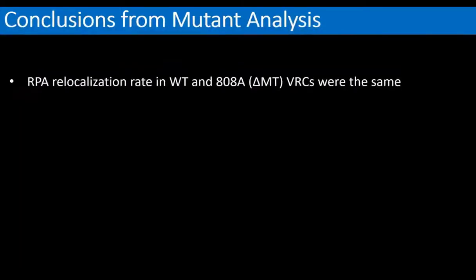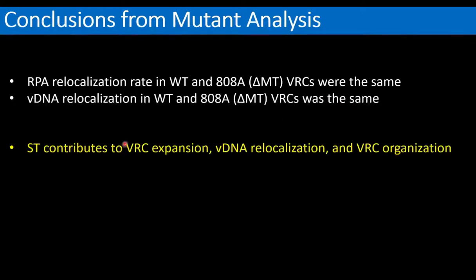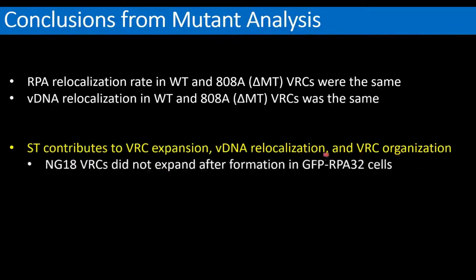Alright, so our takeaways from this mutant analysis section. First of all, RPA relocalization rate in wild-type and 808A VRCs were the same. Viral DNA relocalization in wild-type and 808A VRCs was also the same. Small T antigen contributes to VRC expansion, viral DNA relocalization, and VRC organization.